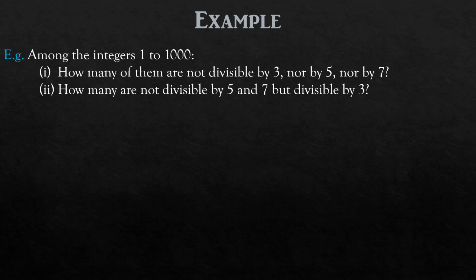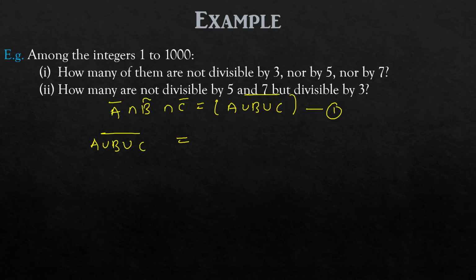543. Now from De Morgan's law, A complement intersection B complement intersection C complement is equal to A union B union C complement, right? This was our equation number 1. And then A union B union C complement is equal to what?